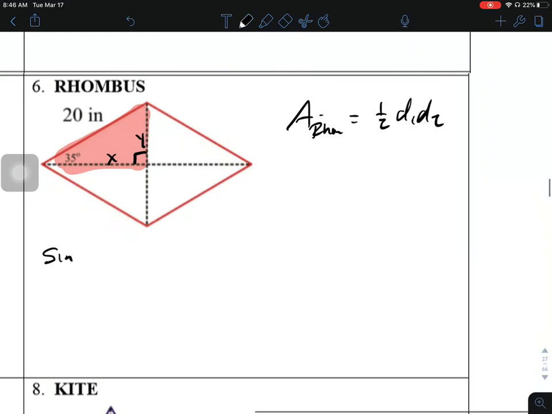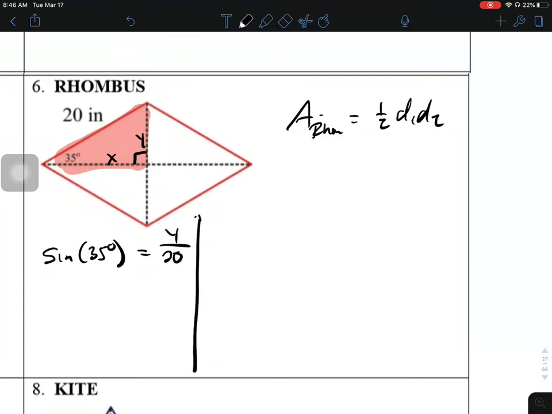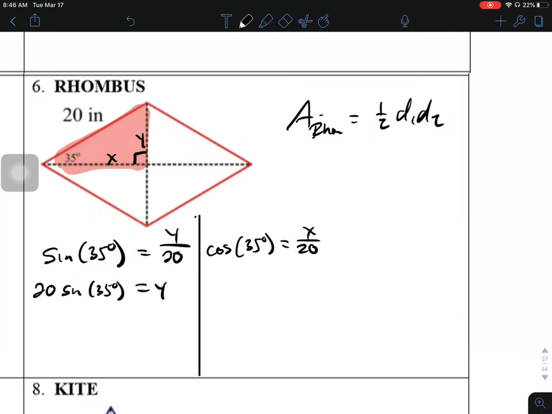We could say that sine of 35 degrees is the opposite leg over the hypotenuse. And we could also say that cosine of 35 degrees is the adjacent leg over the hypotenuse. By doing that, we can figure out what x and y are, which are half the diagonals. If we solve this first equation, by multiplying both sides by 20, using a calculator, I got 11.47 is the approximate length of y.